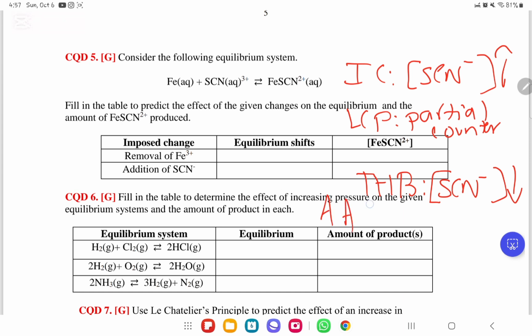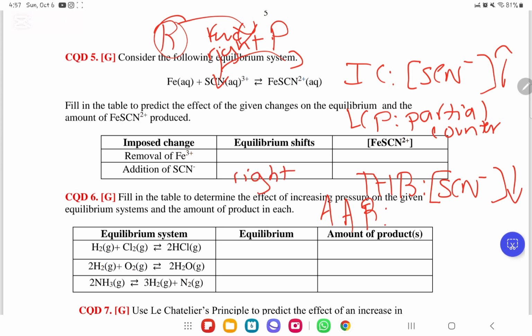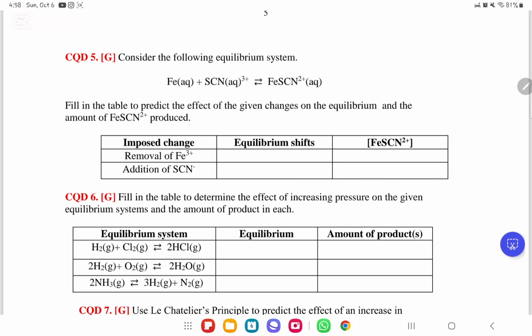And then, as a result, what happens? If we're going to decrease the concentration of this one, we need to give it to the products. So the reactants are giving to the products. So then, it is a forward shift or to the right. So the equilibrium shifts to the right or forward, and the concentration of FeSCN2+ will increase. Why? Because we are giving it more concentration from the reactants.